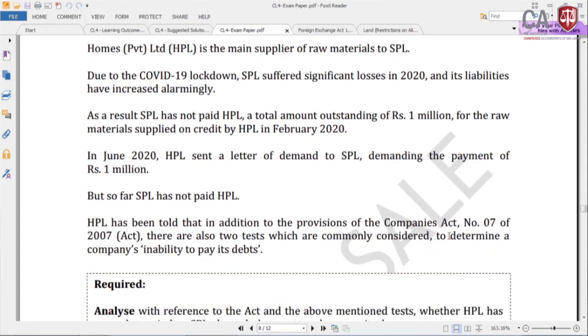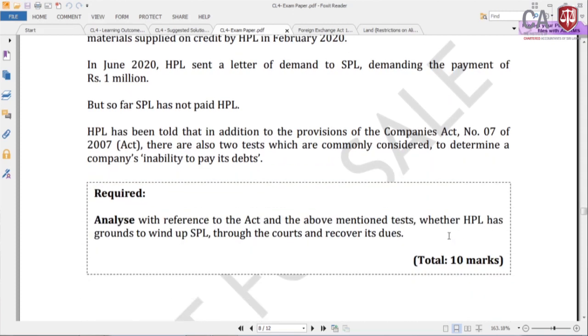HPL has been told that in addition to the provisions of Companies Act 7 of 2007, there are also 2 tests which are commonly considered to determine companies' inability to pay its debts. Right? So, you are required to analyze with reference to the Act and the above mentioned tests whether HPL has grounds to wind up SPL through the courts and recover its damage.